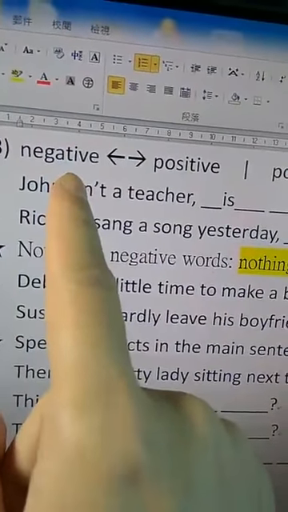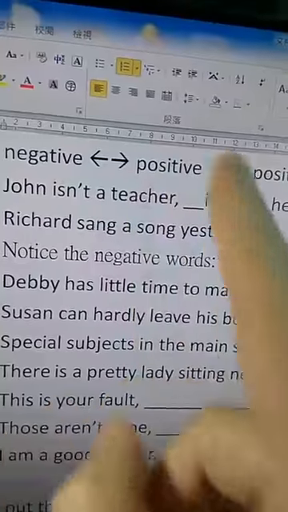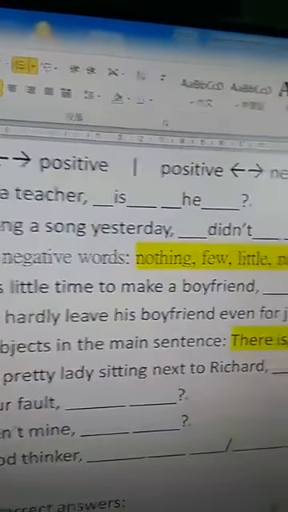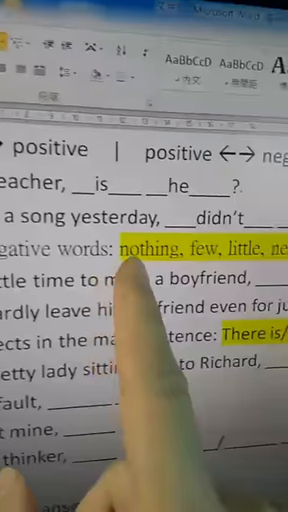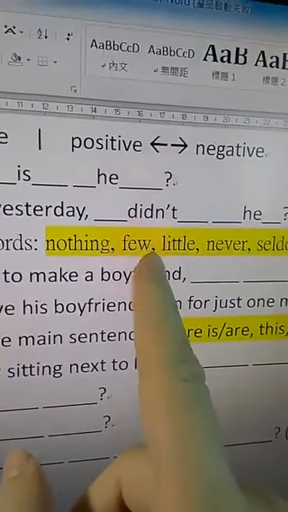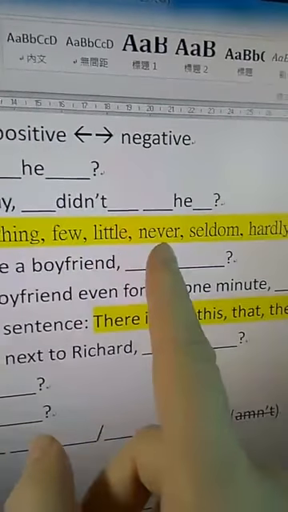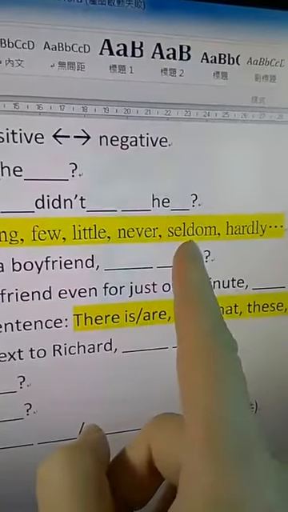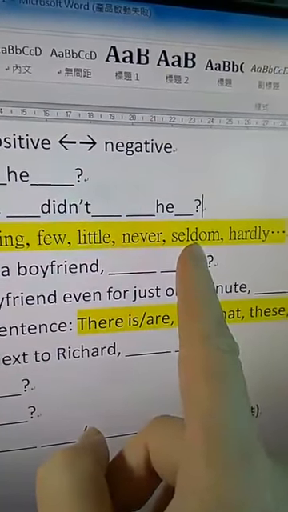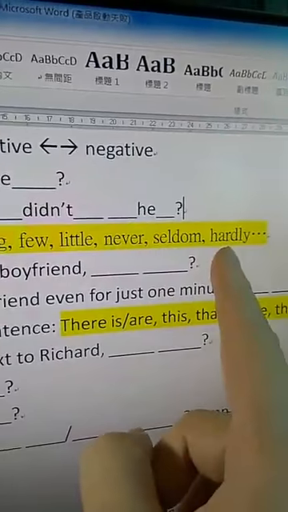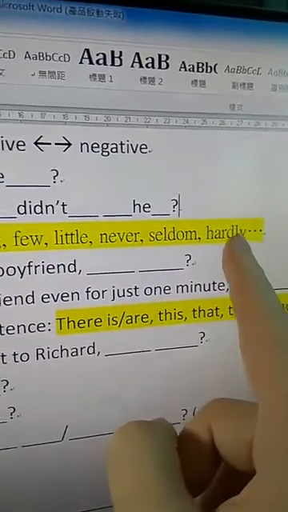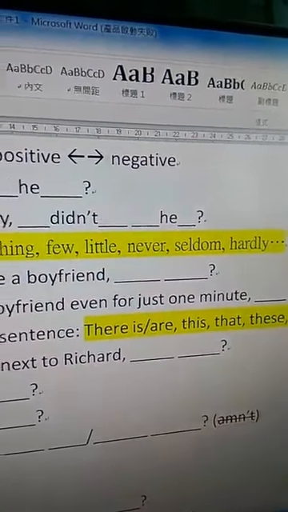And remember, you use positive in your tag questions. Okay, so something like these negative words like nothing, few, little, never. Pay attention to this word: seldom is also a negative word. And hardly, like barely, they are all negative words.